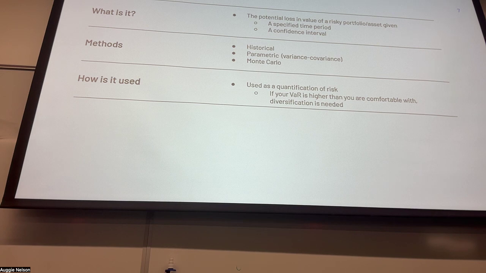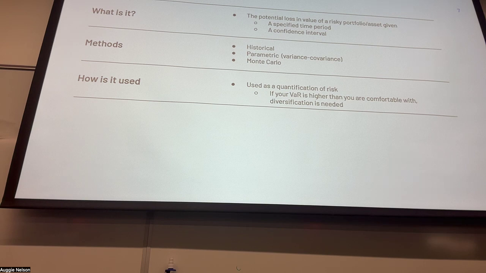So if you have a year of trading data, it's 252 days of data, and you're at a 95% confidence interval, then you're using your 13th worst return to calculate this figure. Does that make sense? We can talk about it more later too. And you multiply that worst return in that percentile that you can expect by the value of your portfolio to get the amount of money that's at risk.